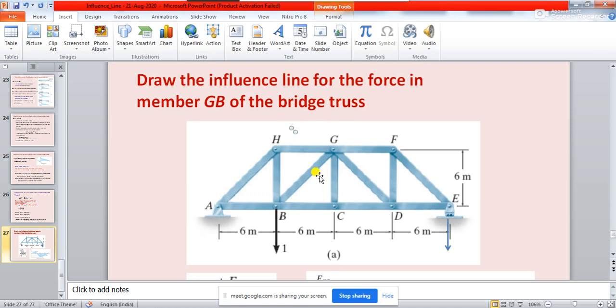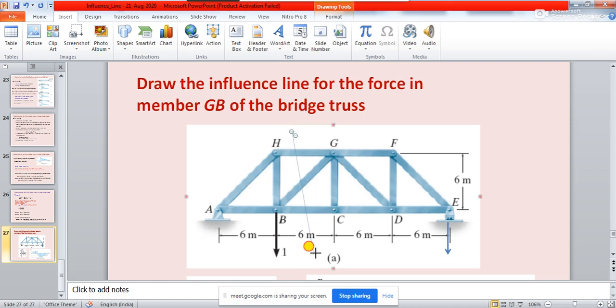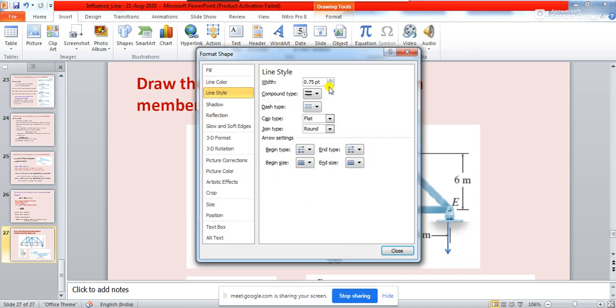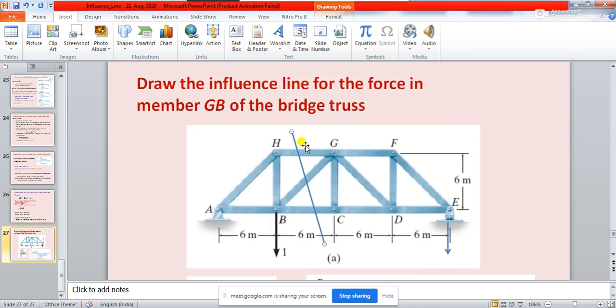If you want to find the force in the member GB, you can cut the GB member through a sectional line, something like this. If you cut it like this, you see what you will get.